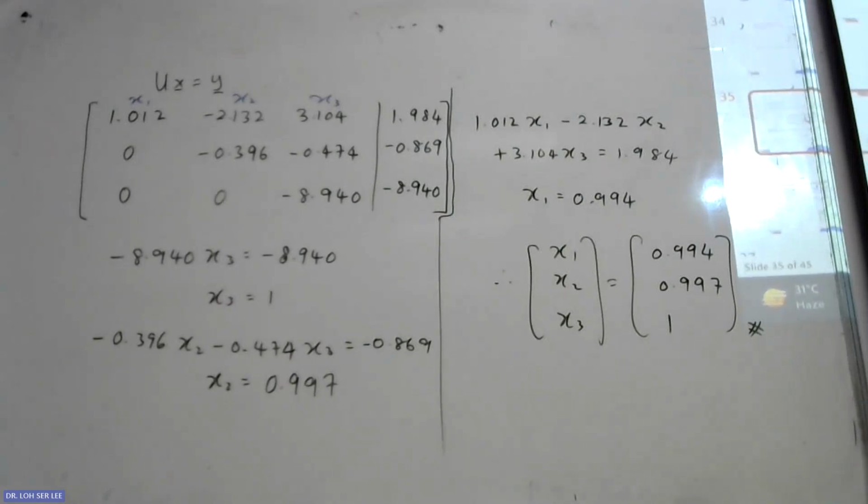For numerical methods, normally we will ask for 4 decimal places. Okay, if you use 4 decimal places, it will be slightly different from this set of answers.